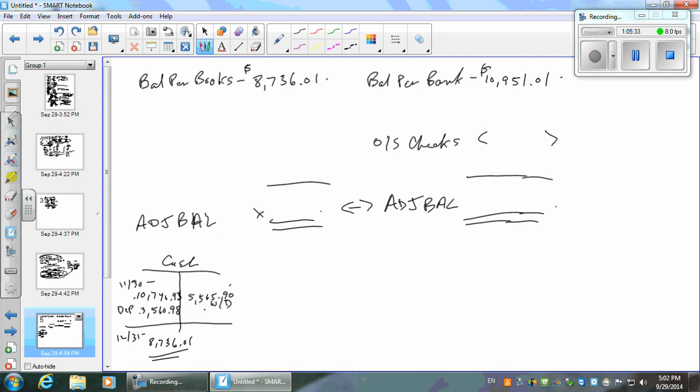And then the other one is deposits in transit. That's good. What's that? I sent the money to the bank, right? I received checks from the customers. I stamp on the back of the check for deposit only, right? So it won't go into anybody's account but mine. For deposit only to my account. I put them in an envelope, a deposit slip, and I mail them to the bank, right?